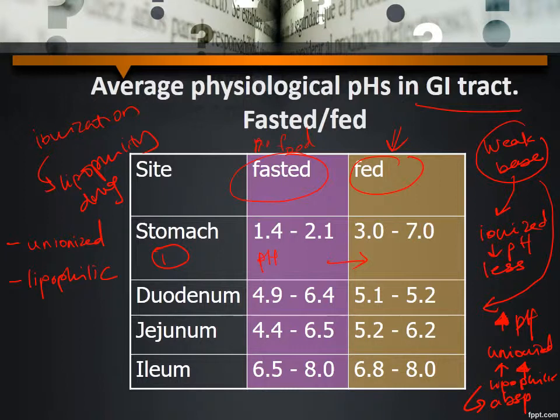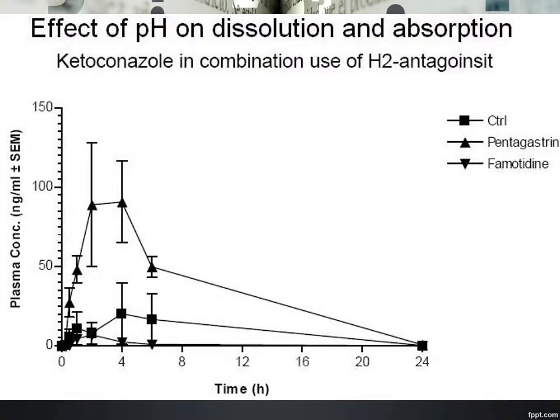And the duodenum, jejunum and ileum have a higher pH. In the ileum, the change with the presence of food is slightly less. So this is the effect of pH on dissolution of ketoconazole.